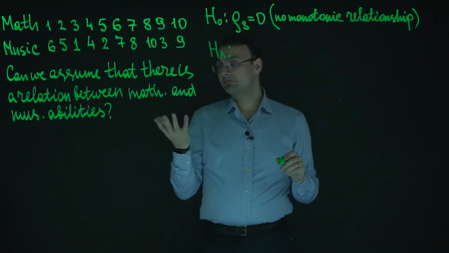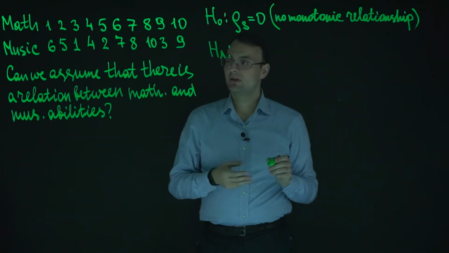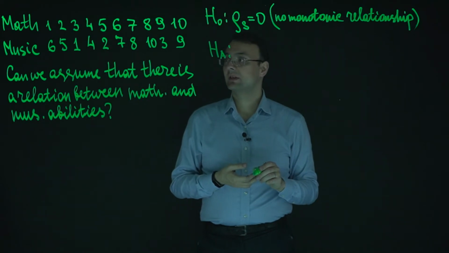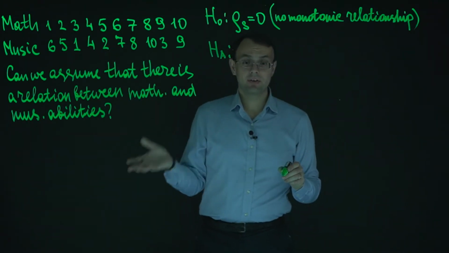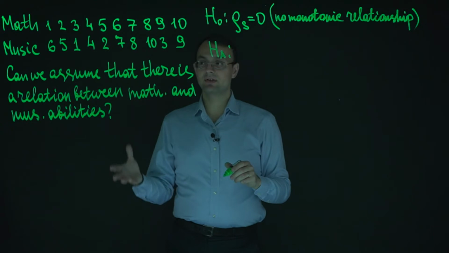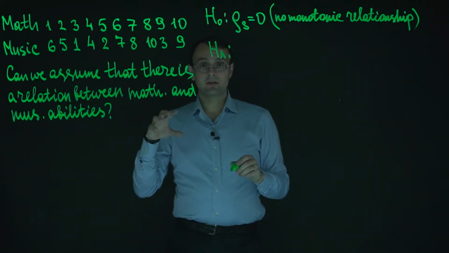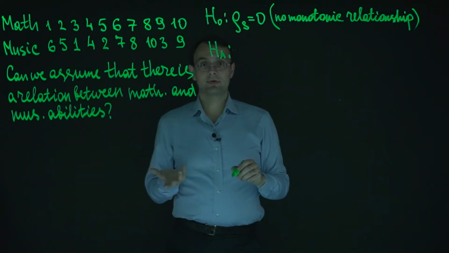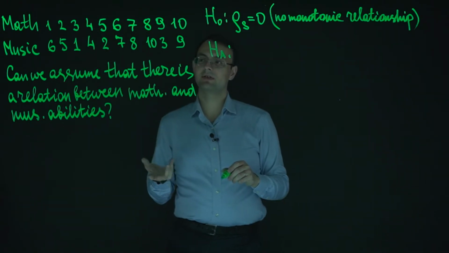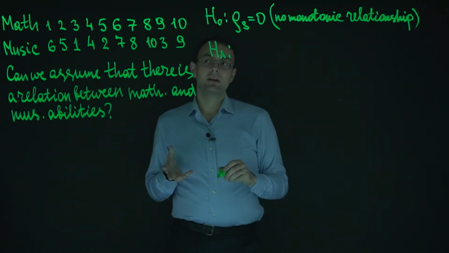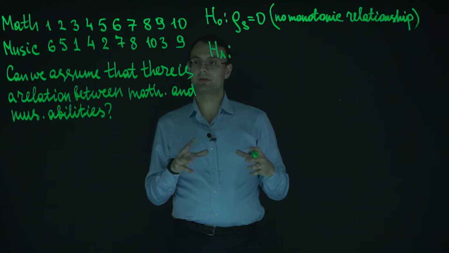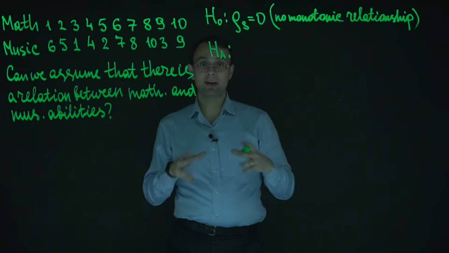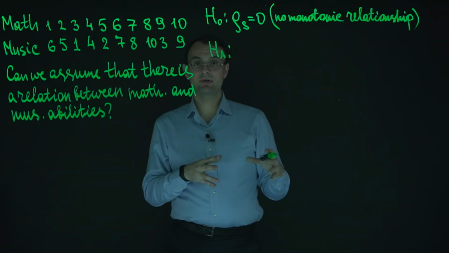And let's have a look. What did they ask? They asked, can we assume that there is a relation between mathematical and musical abilities? So this means that they don't ask us if there is a direct relationship or inverse relationship, inverse dependence. So maybe the better is the student at mathematics, the better he or she is at music.